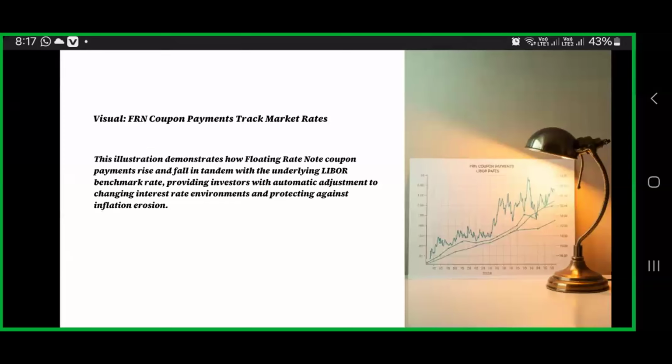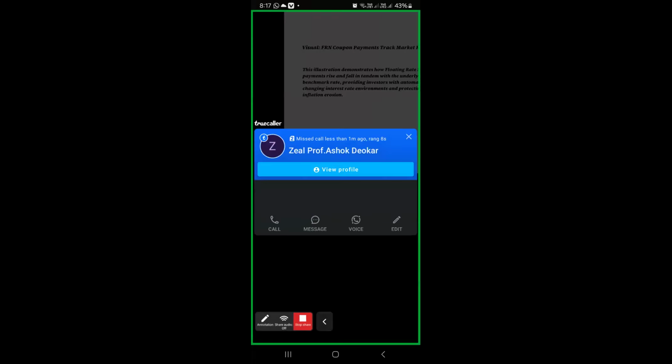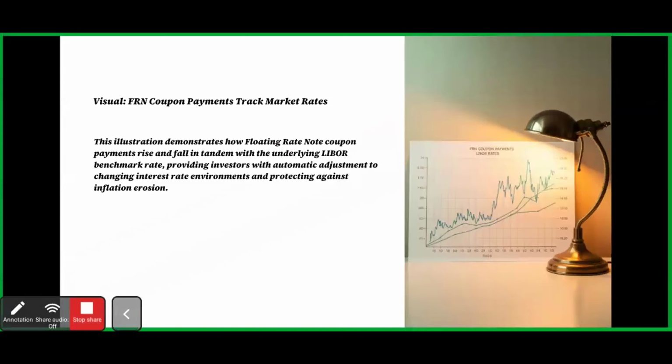If you see the diagram given here, this diagram shows the coupon payments made by the companies. In the starting year, when the coupon rate is low, the payments made by the companies are lower.